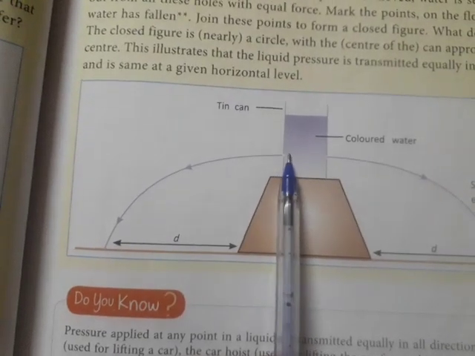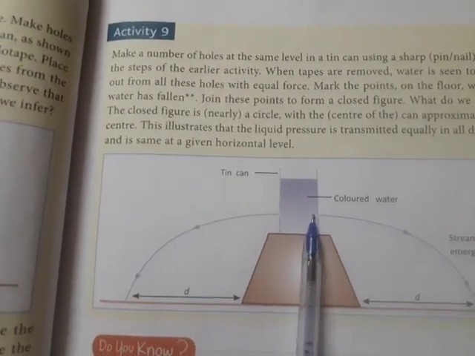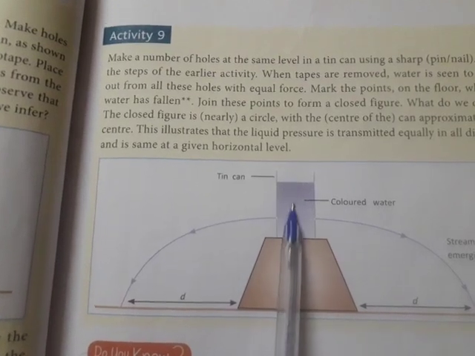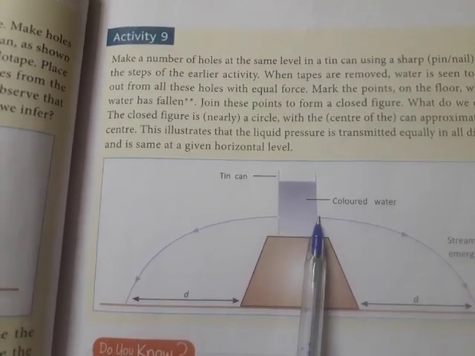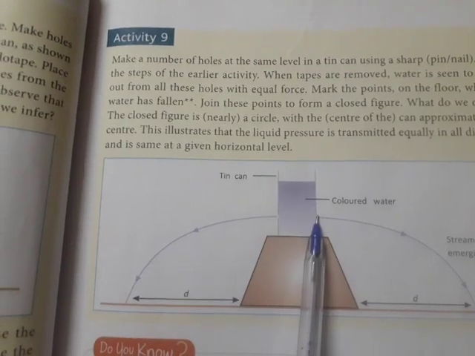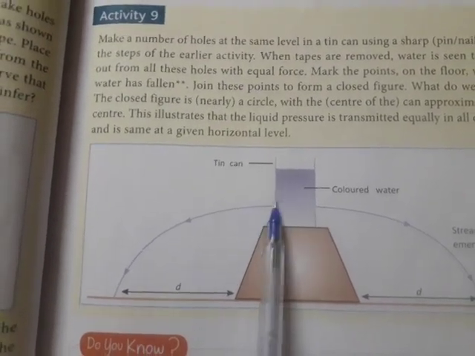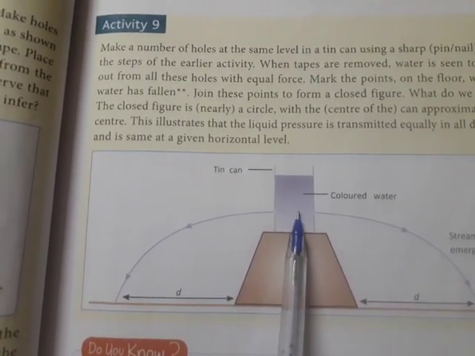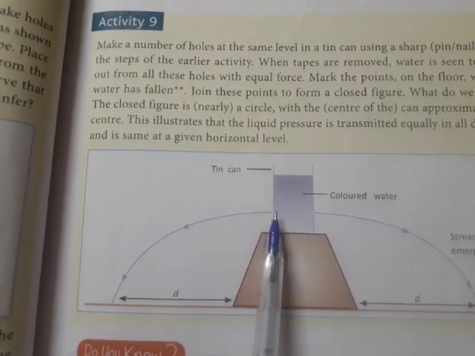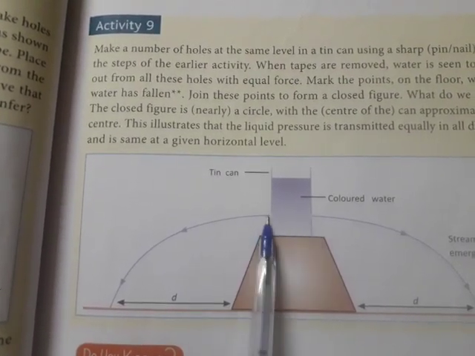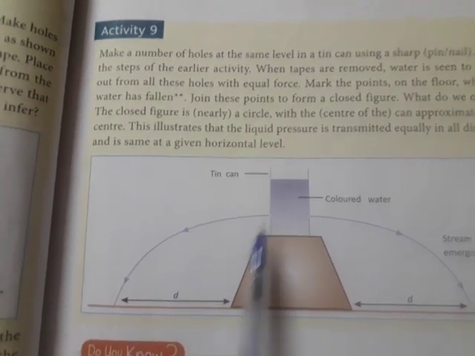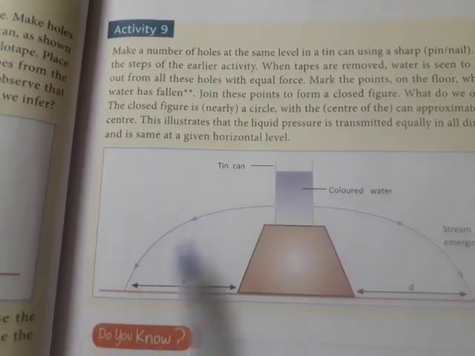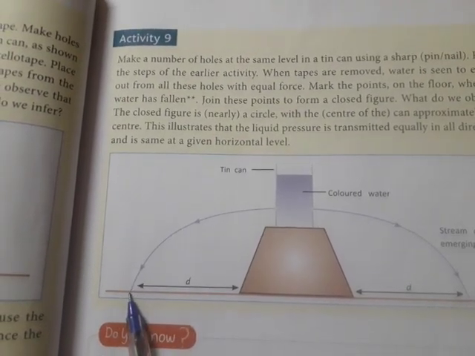Next activity shows that at the same level, the liquid exerts equal pressure. First of all, we take a cylinder having two identical holes at the same level. We close the holes, fill the cylinder with water, then simultaneously open the two holes and observe at what distance the water exits and falls.